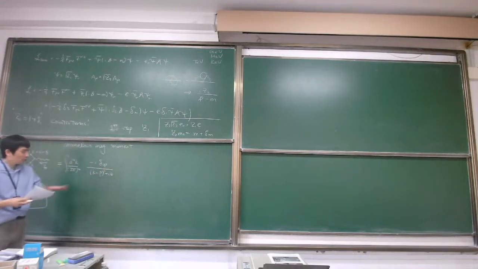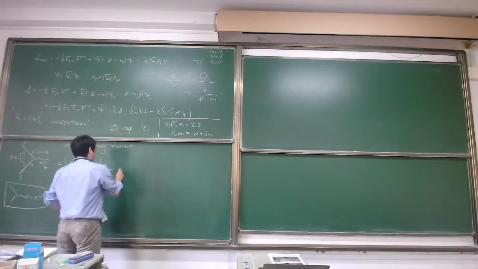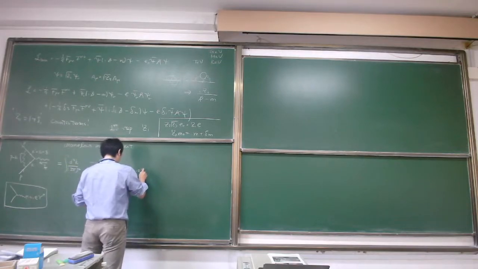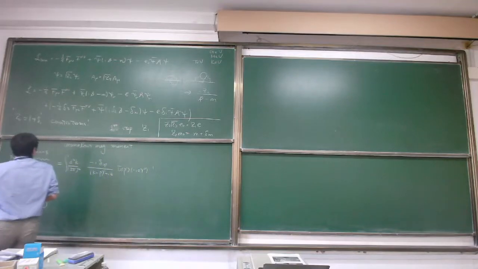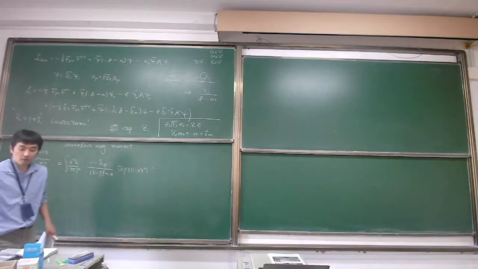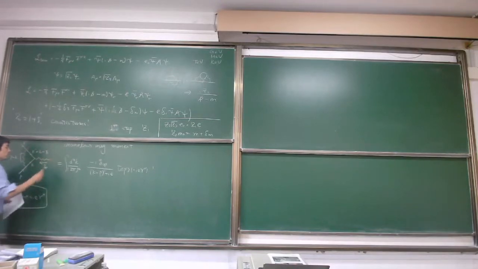Often in my notes I already omit the i epsilon because I'm lazy enough. And then u bar of p prime, and then minus i, with indices mu, rho, and mu.